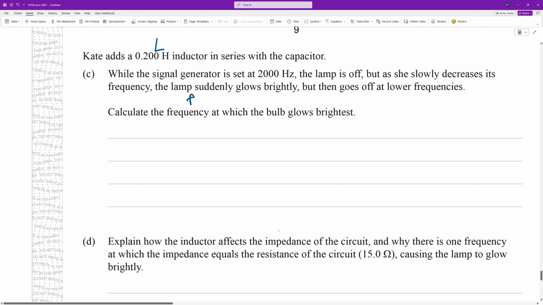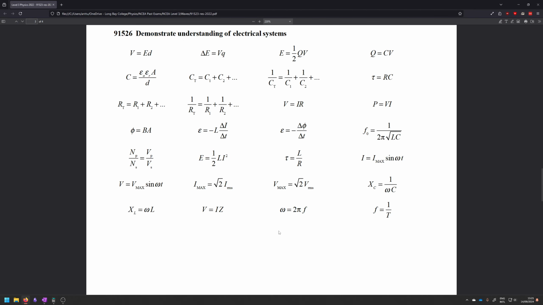Great, so if it's the brightest, that must mean current is a maximum, and current is a maximum when the frequency is equal to the resonant frequency, F0, which in your formula sheet is this one right here. Last column, fourth row.